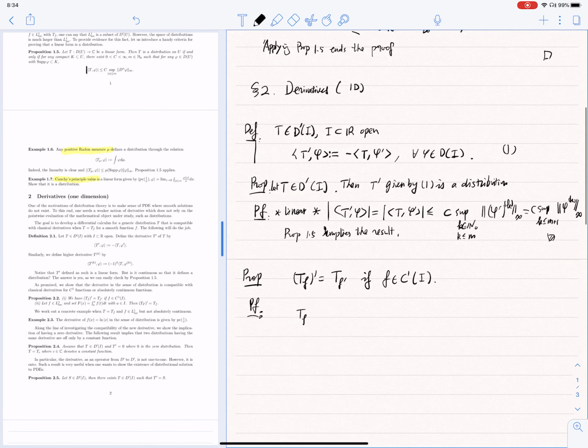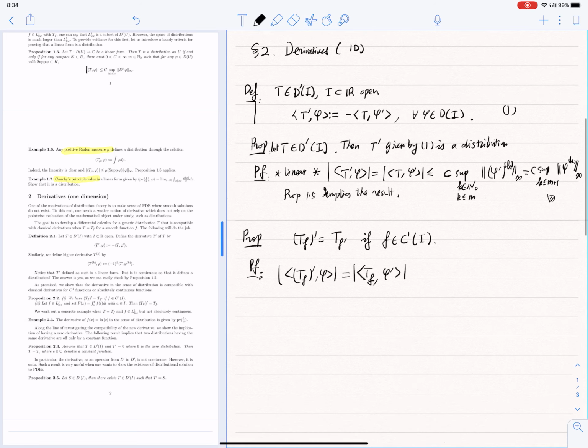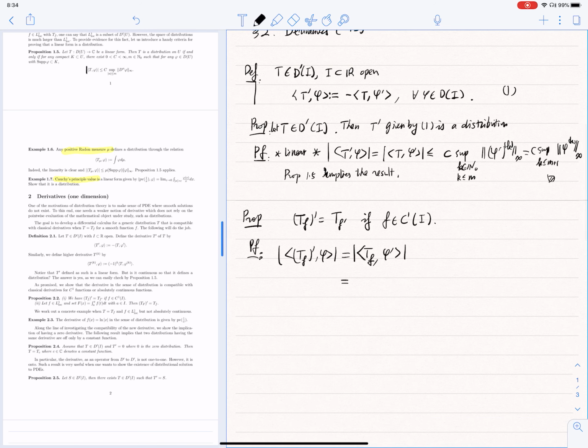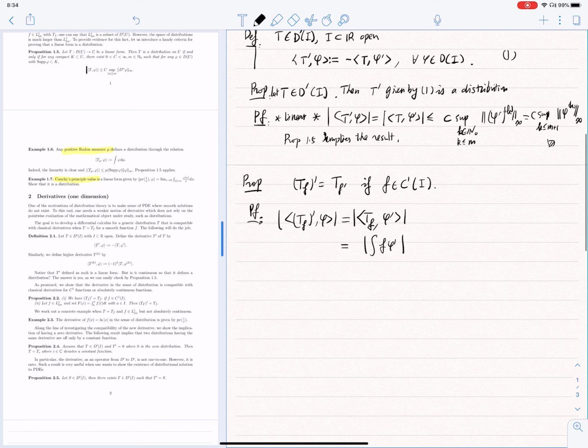So T_F' applied to a function phi, by the definition, is given by minus T_F applied to phi prime. Since we take absolute value, we do not see the negative sign. And so this is given by the integral of F phi prime.